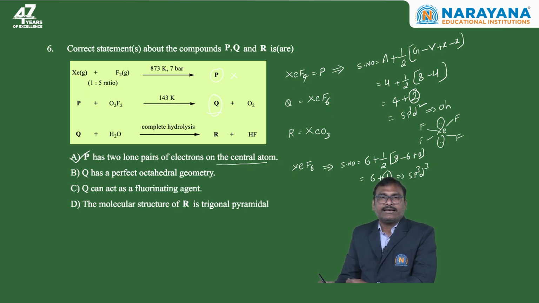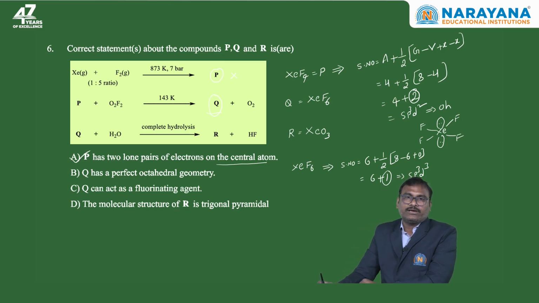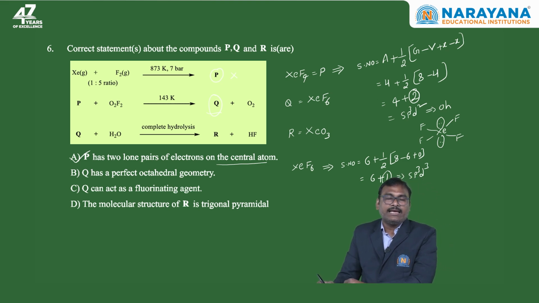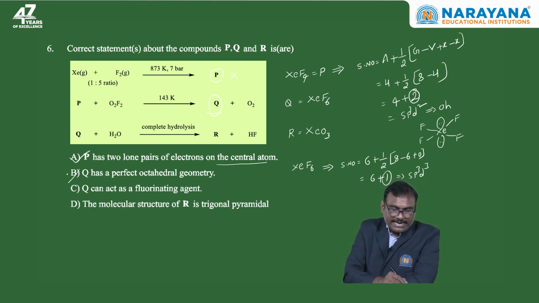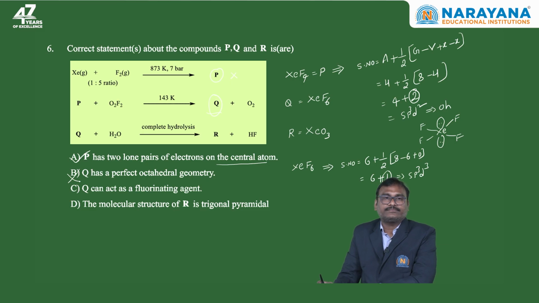It is a distorted octahedral. The lone pair is a stereochemically active lone pair, which does not make a perfect geometry in all conditions. Therefore, Q as a perfect octahedral is a wrong answer.